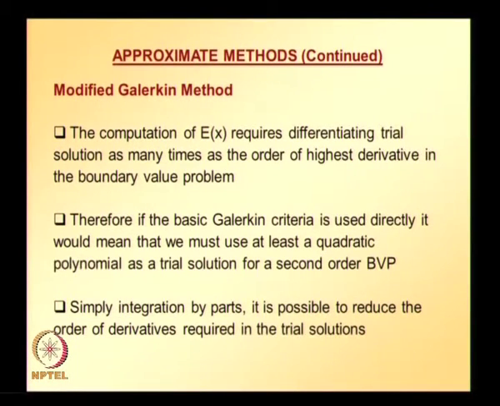By integration by parts, it is possible to reduce the order of derivatives required in the trial solution. That is the idea used to modify the basic Galerkin method, and when we use integration by parts, we get the modified Galerkin method. In the last class we looked at the details at length, and we also noted all these points.